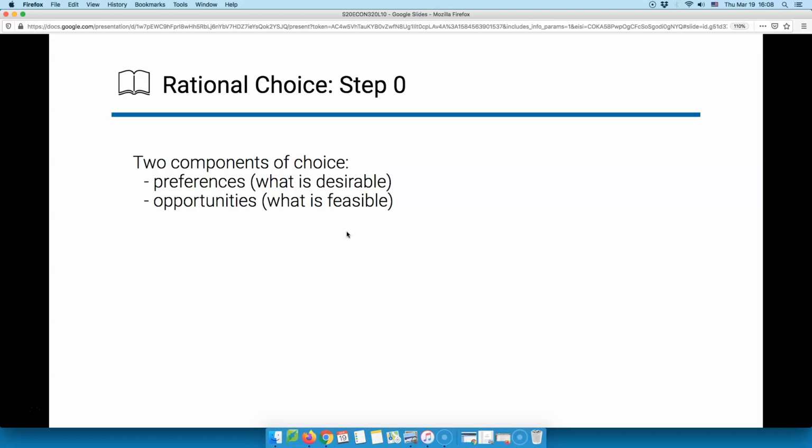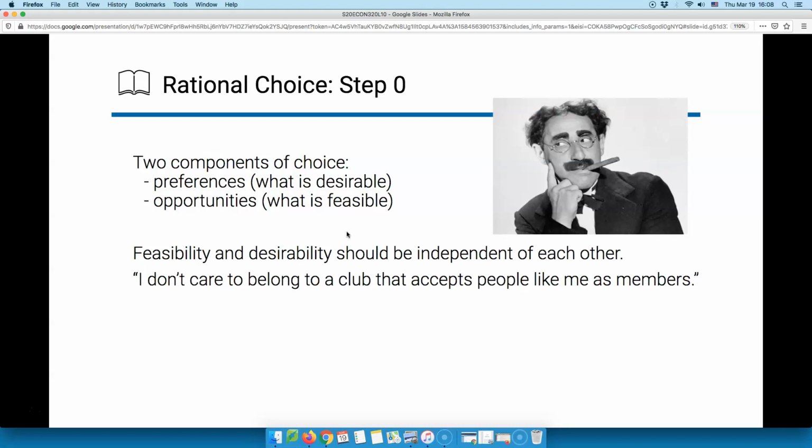It might not be the case in the real world, and here's an example of when it's not. A hopefully famous quote by Groucho Marx, where he says that "I don't care to belong to a club that accepts people like me as members," is an example of a situation when feasibility and desirability are not independent of each other. But for rational agents, we want this independence to be in place at all times.